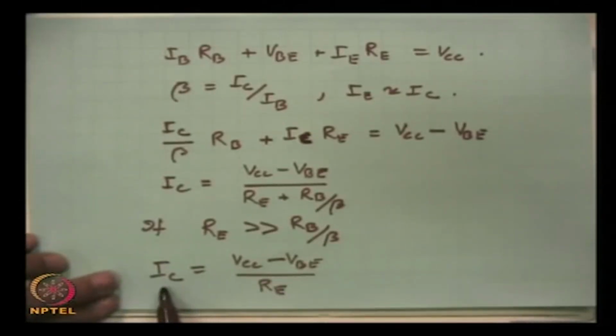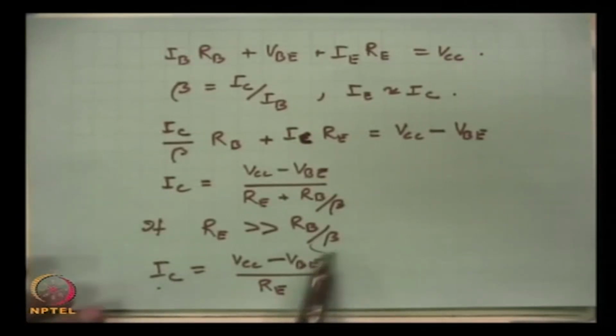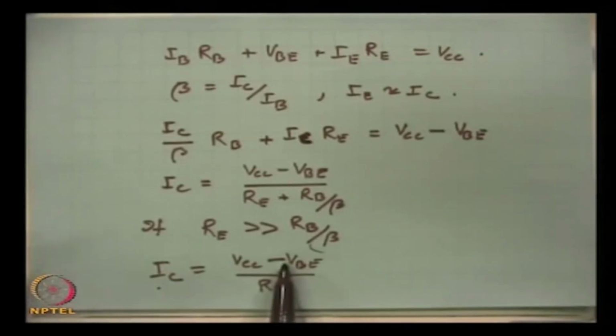So, the collector current becomes independent of beta, and as I made a very important statement earlier, I repeat: if this circuit takes into account the variations in beta, then it will also take account of the other causes of variation.